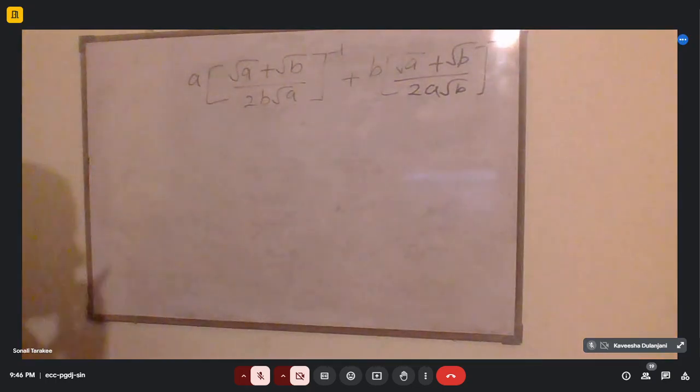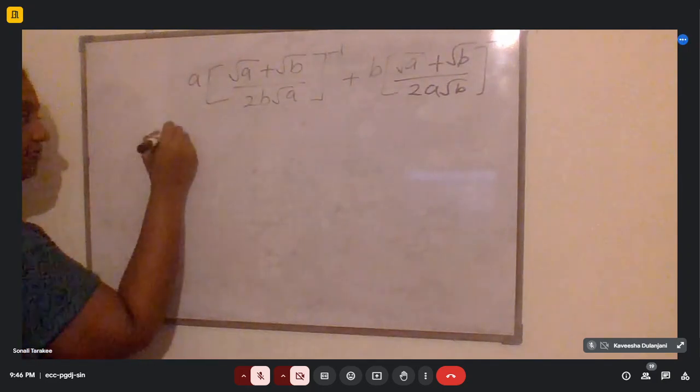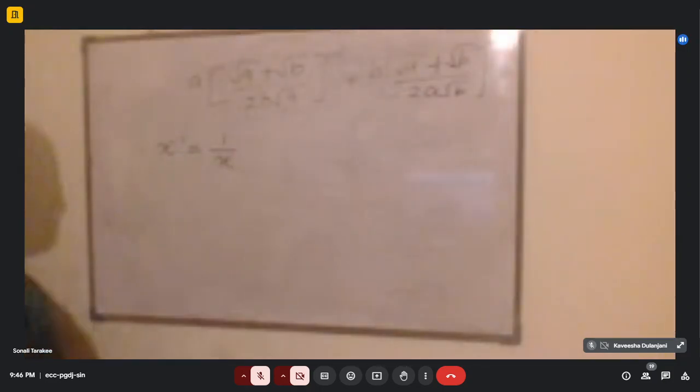Now this one is easier to solve. If you have something like this, x to the power minus 1, you can make it positive by 1 over x. Same concept is applied here.